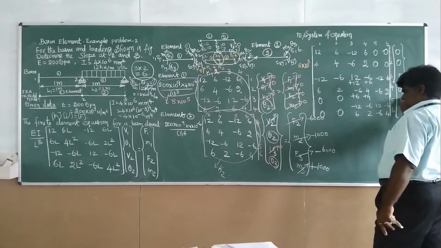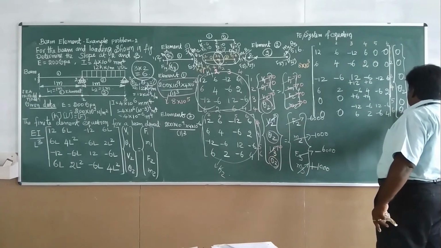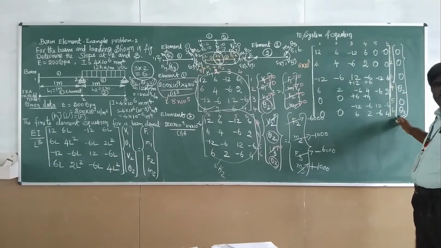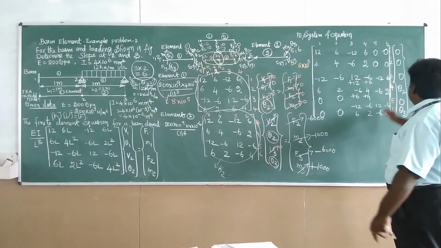V3 is 0, theta 3, that is the slope at nodal point 2 and slope at nodal point 3 we have to determine.